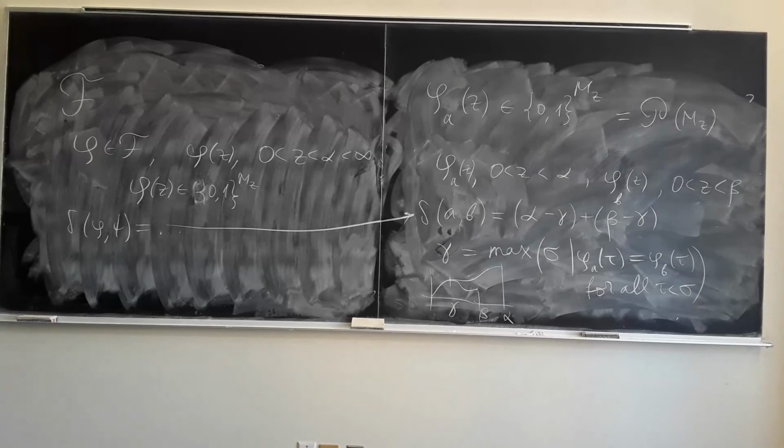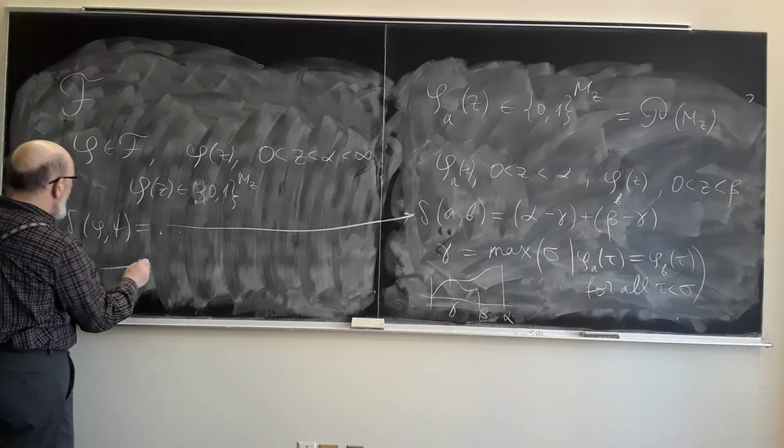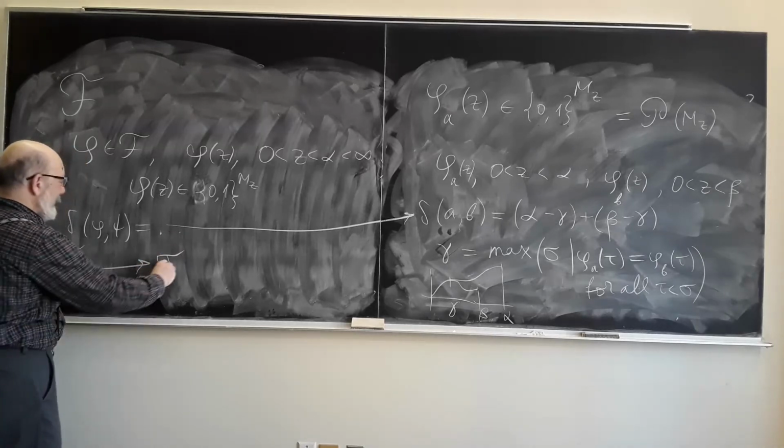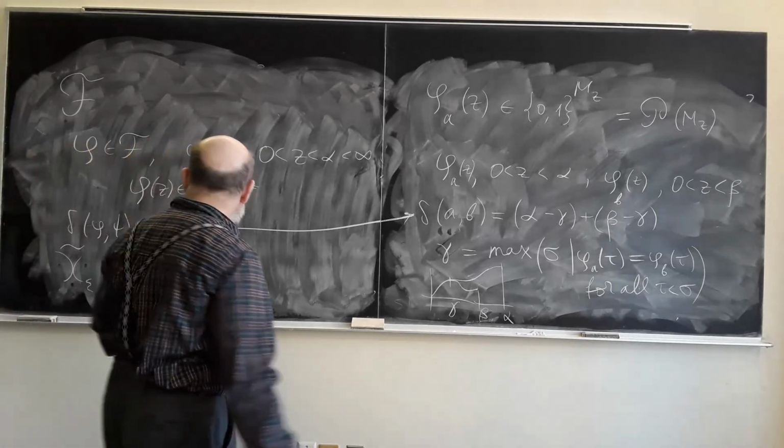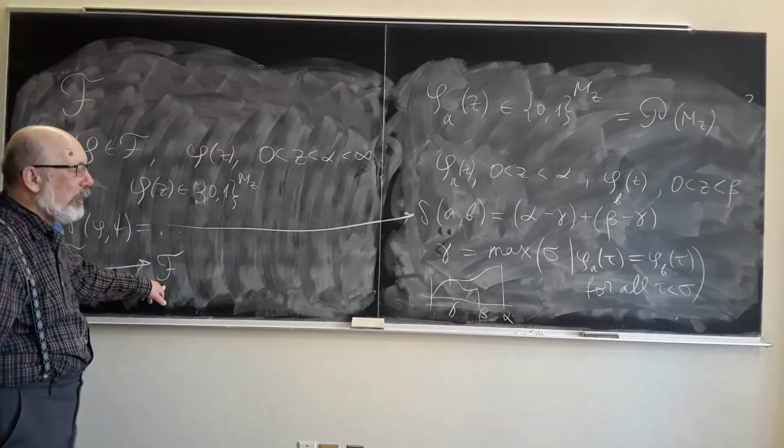But now I want to say that what we did, we constructed some mapping from this X epsilon twiddle, the asymptotic space of our set of sequences, or of asymptotic space of binary graph, to this space F. Of course, this map is monomorphic, so two different points of this space are mapped into two different points here.